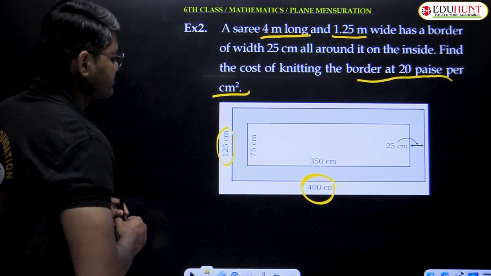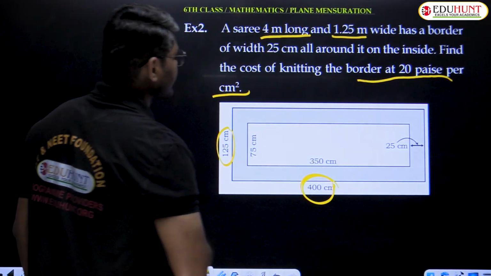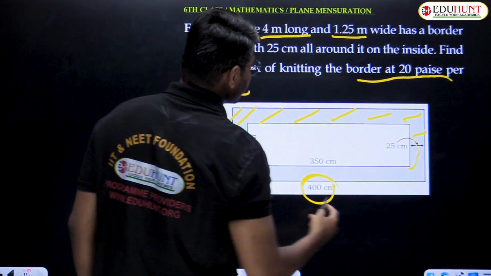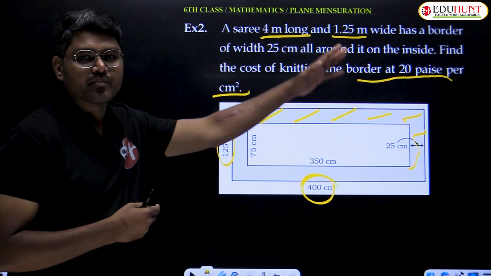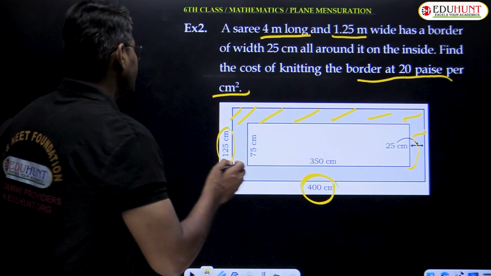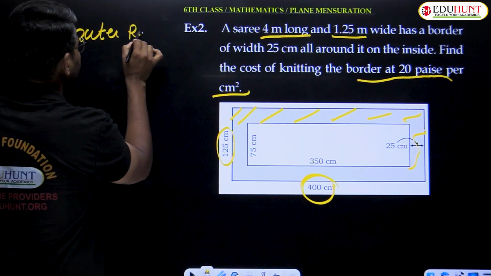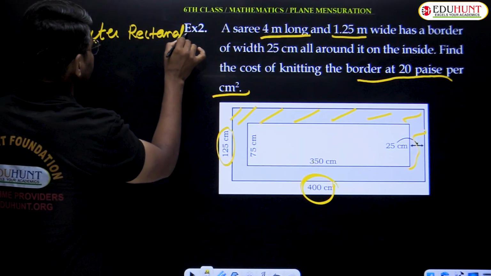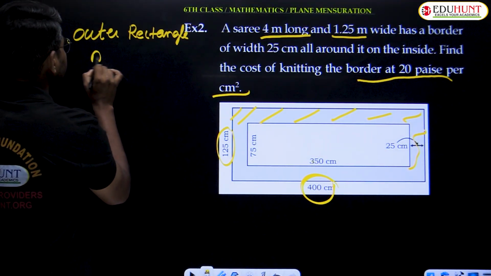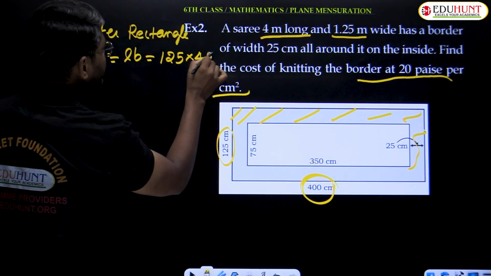Okay, right. This is 350 and 75. So the border we have to find for knitting this one. So outer rectangle area minus inner rectangle area, then we get the area of this path. Okay, right. Area of outer rectangle is L into B, that is 125 into 400.